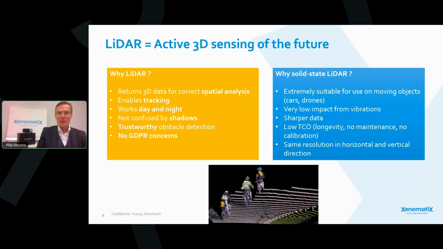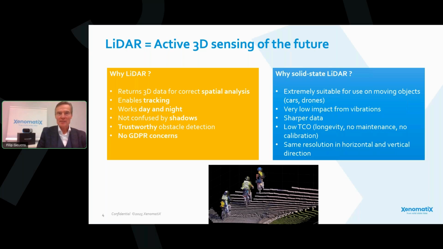This makes LiDAR very suitable for navigation and motion control. LiDAR does not need ambient light, so unlike cameras, it works day and night. LiDAR is not affected by the presence of too much sunlight or the lack of ambient light. And also, LiDAR data is not influenced by shadows or dark areas. Based on this, LiDAR can do very trustworthy obstacle detection and solve many of the shortcomings and corner cases where camera and LiDAR fails.